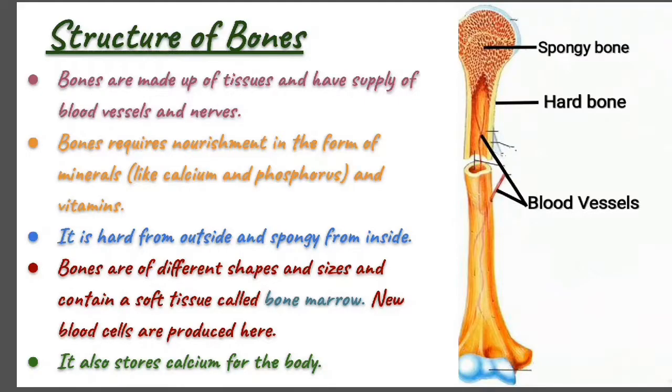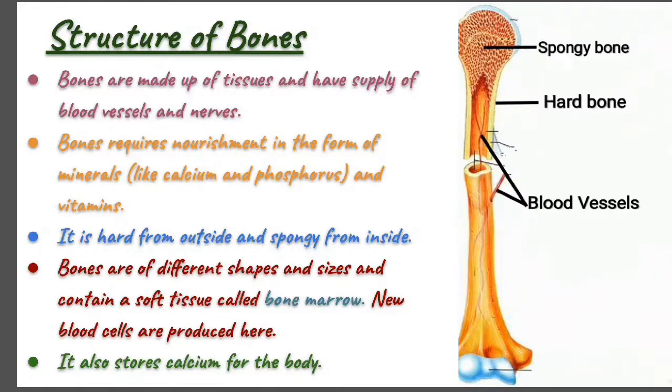Now I have told you about two other parts, spongy bone and hard bone. If you touch any part of your body, say your hand, you will feel something hard inside your skin.